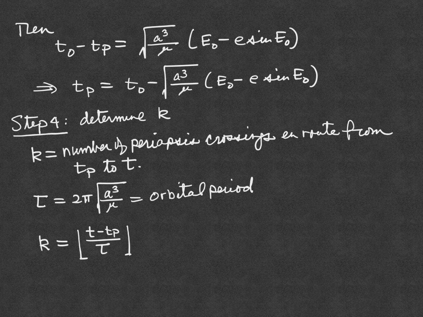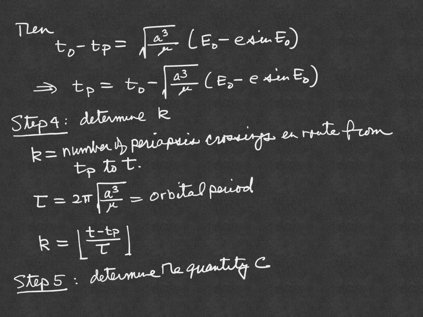So as a result, we now have k, which is the number of periapsis crossings. And we're going to need that in the next step. So the next step is to determine the quantity which I had called C in Kepler's equation.